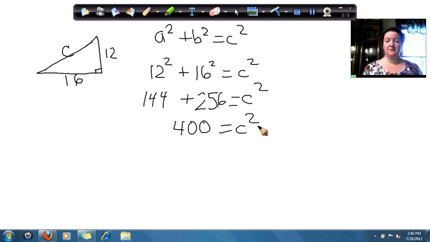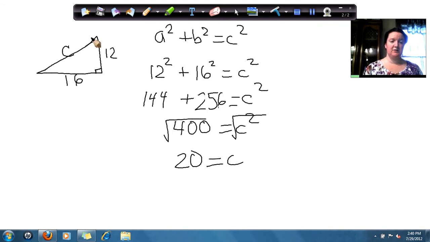Equal to c squared. Now I need to find the square root, so I'm going to take the square root of both sides. Remember, when you take the square root, you could get a positive and negative 20, but because we're dealing with the distance, we're only going to have the value of 20 as a viable answer. So in this particular picture, the triangle hypotenuse length would be 20 long. Let's look at another example.